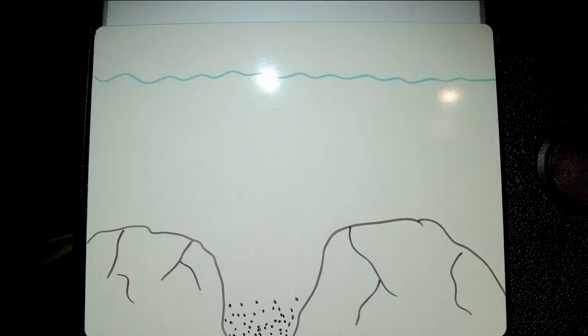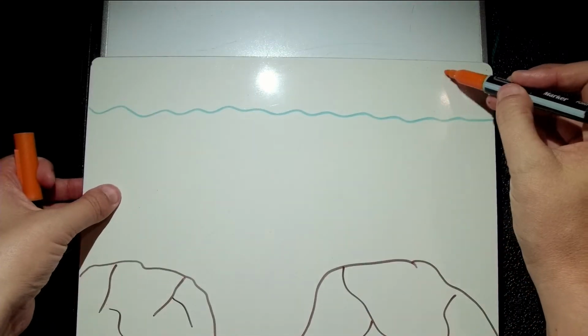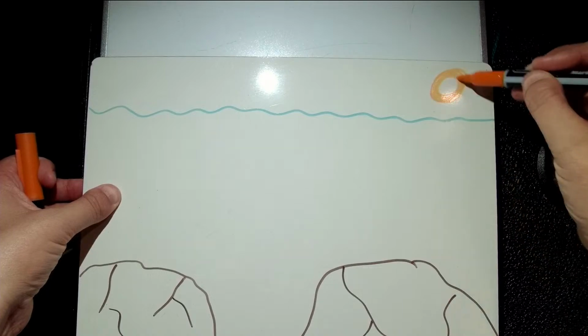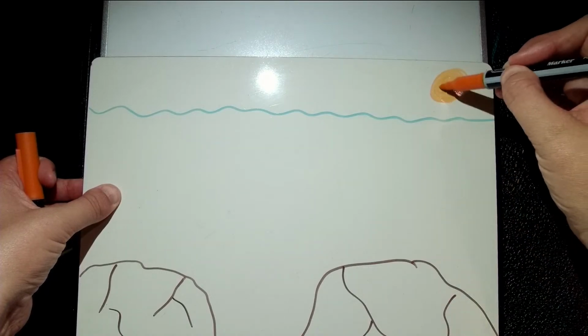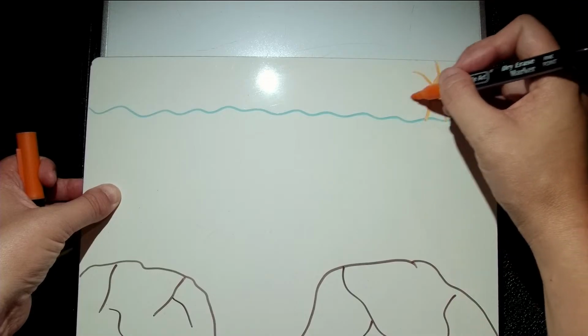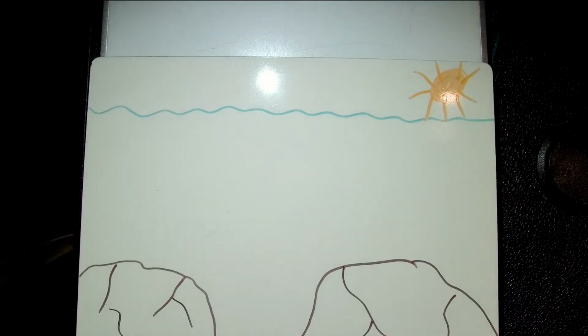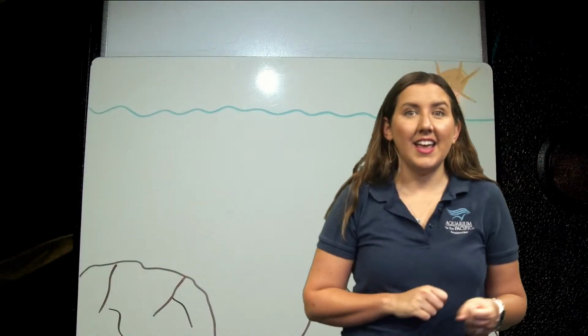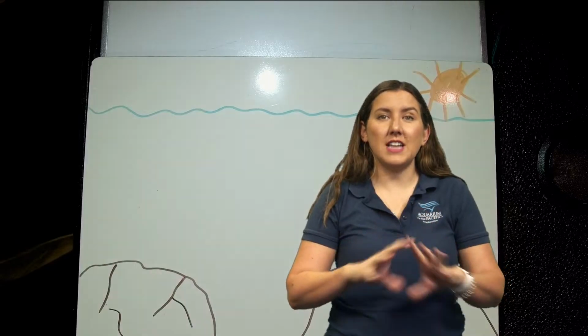And something that we often take for granted, the sun. The sun is a very important part of this habitat, and it actually helps out the foundation of our food web.